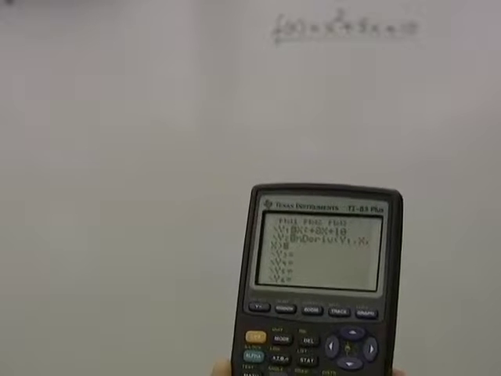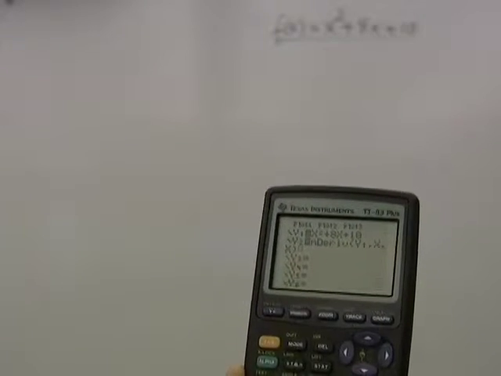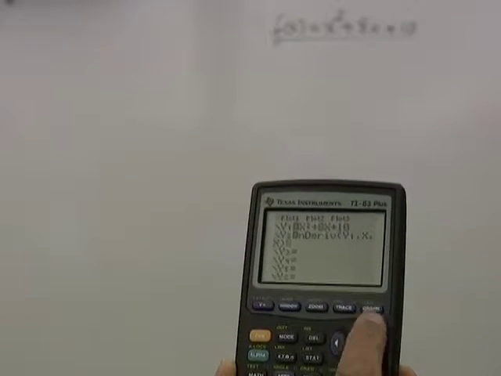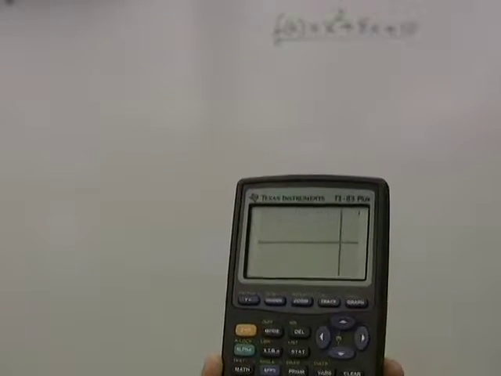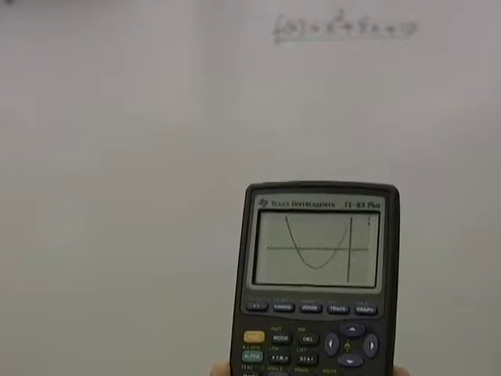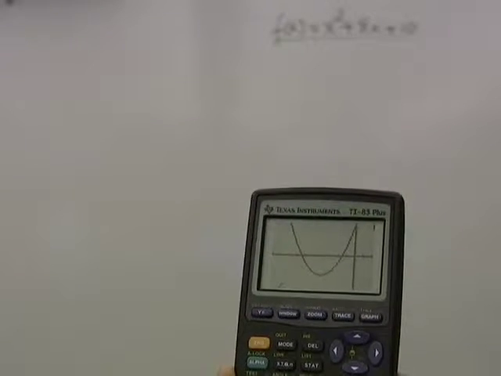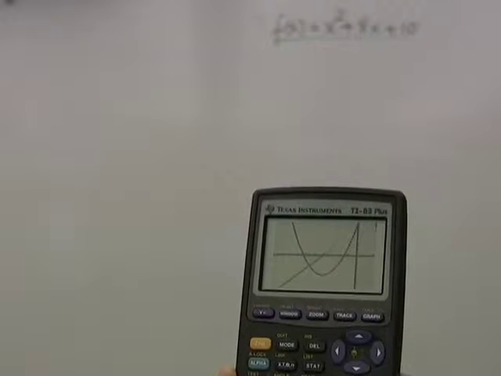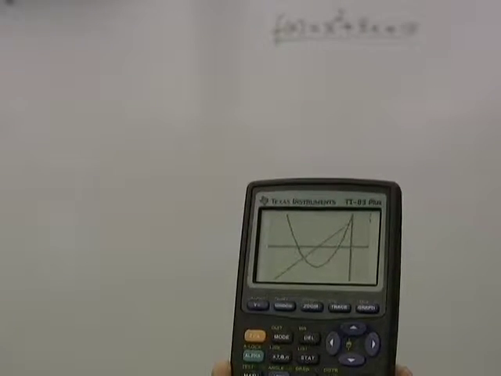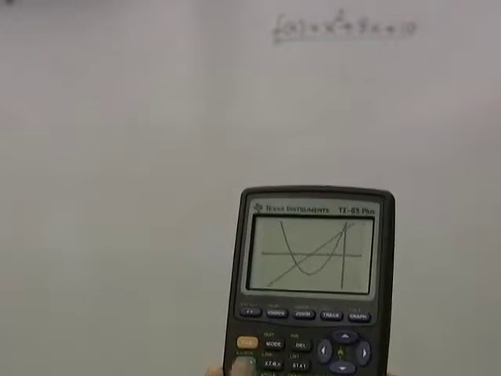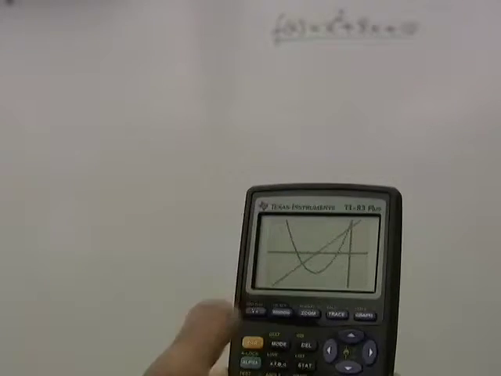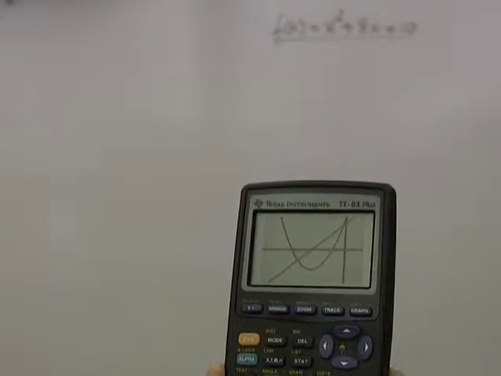Now, if you graph this, let's graph that. And look at that, the graph of the function and then the graph of its derivative function. If you notice here, the derivative is negative: any part of the graph that is below the x-axis is negative.